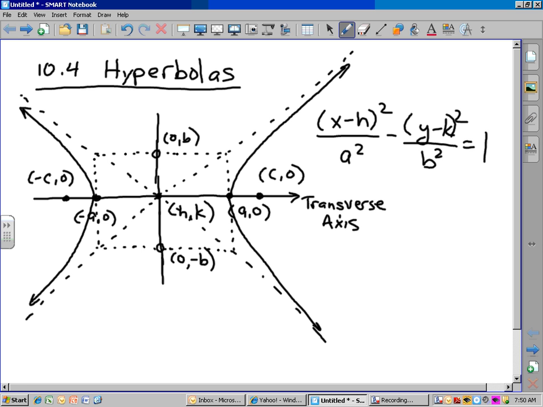We can't refer to it as major or minor anymore because a and b could be very large, and that could be the longer side. That doesn't matter. The other axis is called the conjugate axis. If they tell you a transverse axis length or conjugate axis length, they tell you that something is occurring on the transverse axis, which will help us determine what letter will come first.